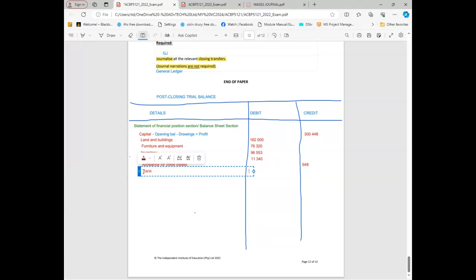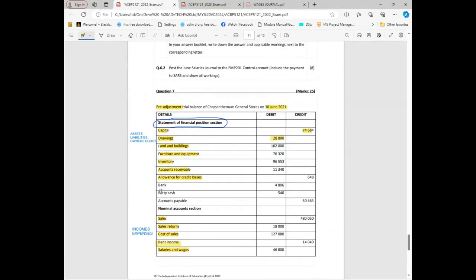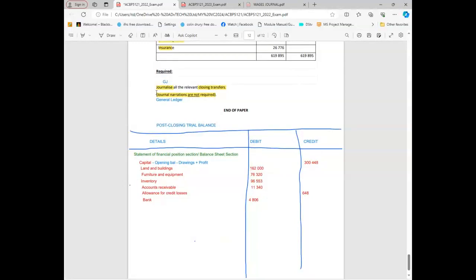Is bank debit or credit? Bank is debit, 4,806. Thank you. Petty cash?